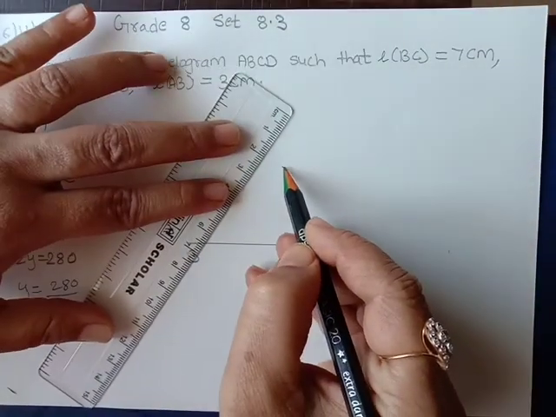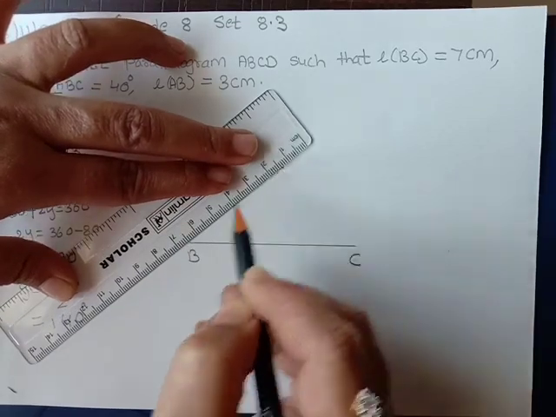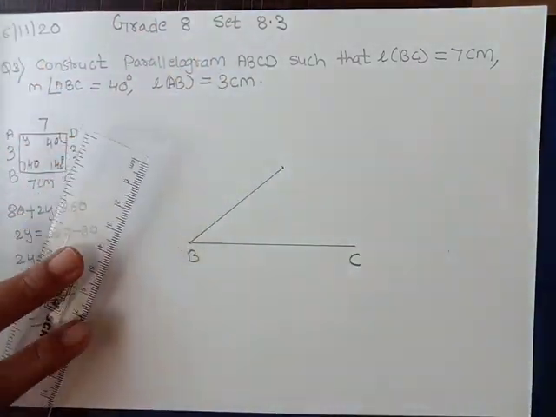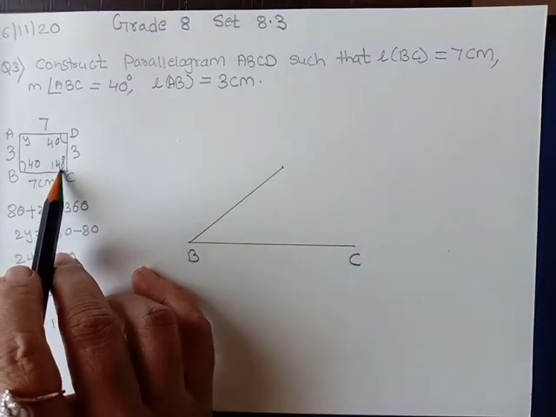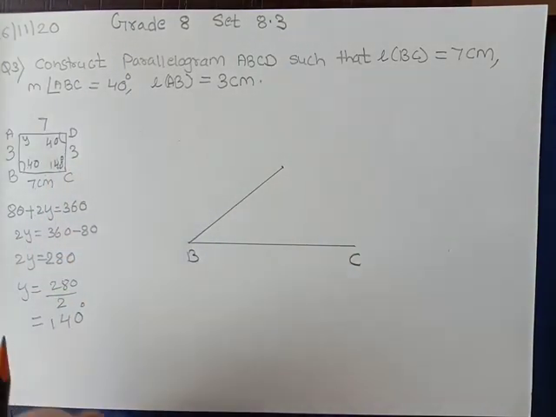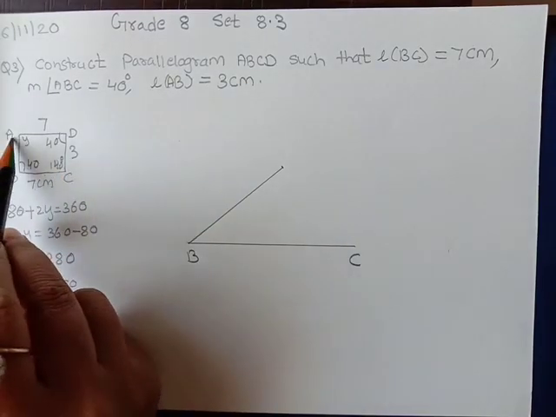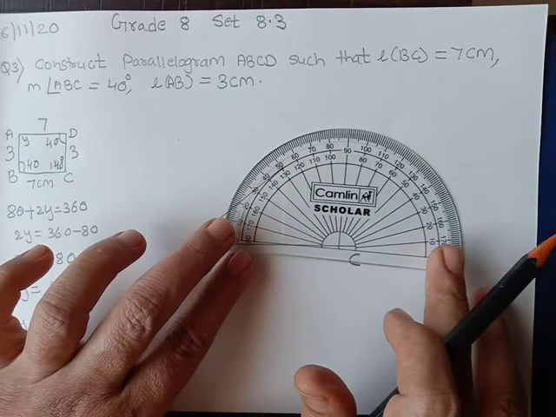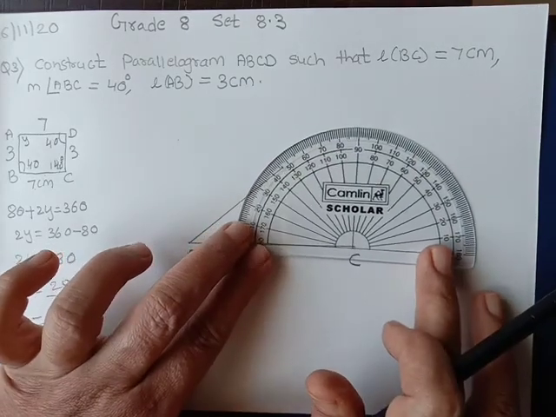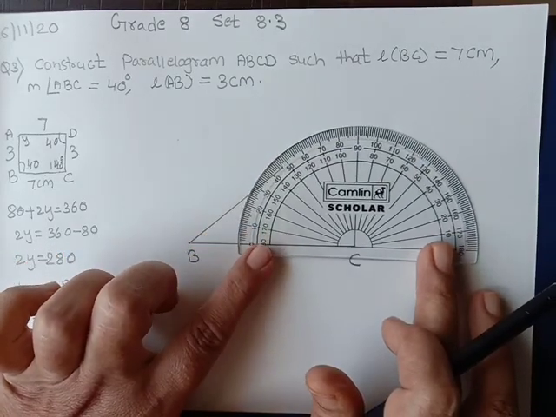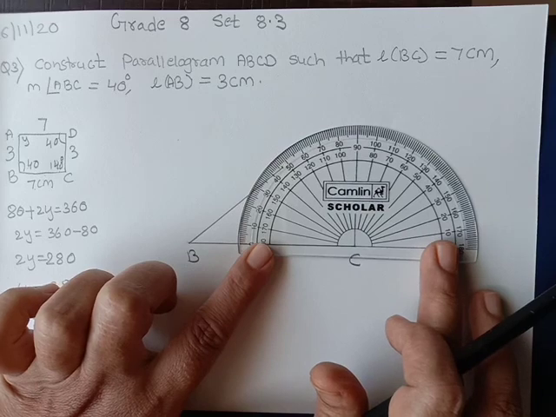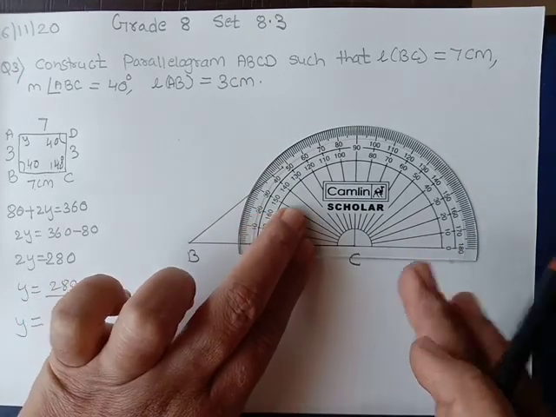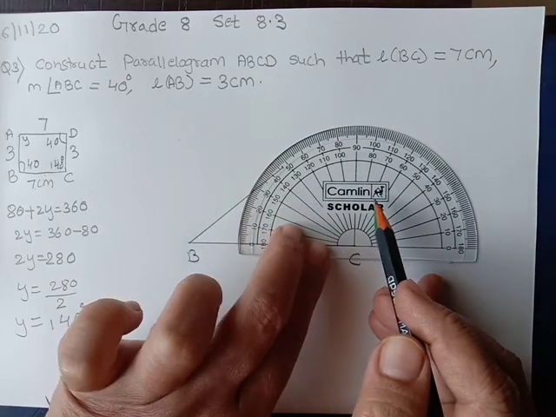This comes out to be 40 degrees. Done. Now angle C is how much? 140 degrees. Just now we have found out, no? Y, which is equal to angle C and angle A. So it is 140 degrees. Now here you are keeping your protractor at your right hand side. So rightward means outside scale we are going to use. Yes or no? So outside scale and 140 degrees.